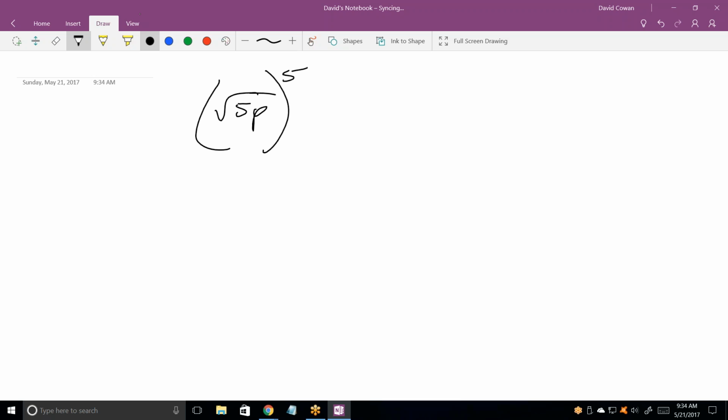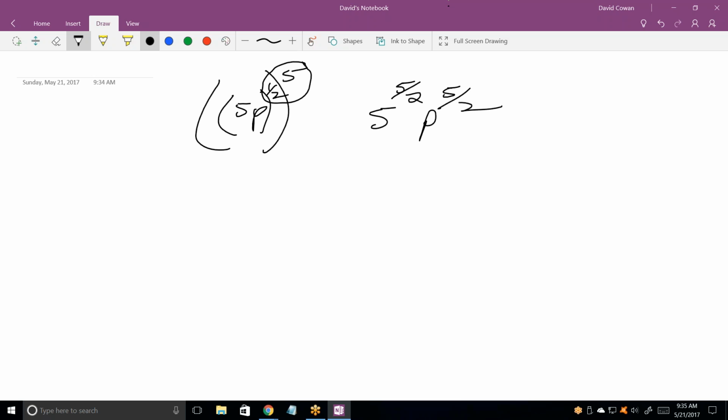So I'm going to take this 5p and remove the radical sign and put parentheses around it, and those are definitely needed, and take it to the 1/2 power. With me? Now I'm going to use the rules of exponents. So this gets multiplied together and gets applied to each thing. So I end up with 5 to the 5/2 power times p to the 5/2 power.